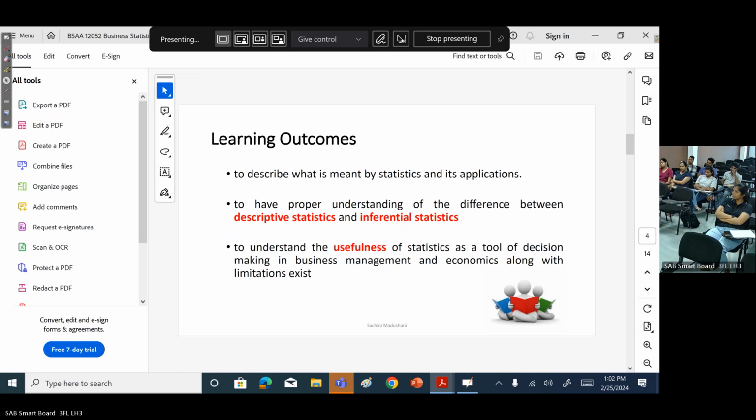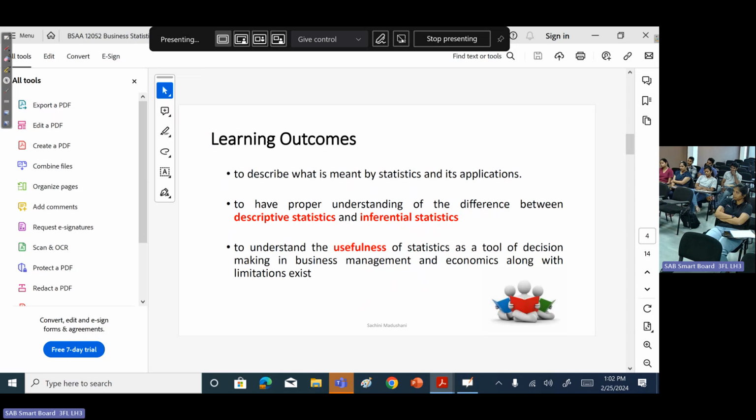Statistics can be divided into two categories. What are they? Descriptive and inferential. Descriptive statistics means using basic statistical techniques and tools to collect, organize, present and analyze the data.